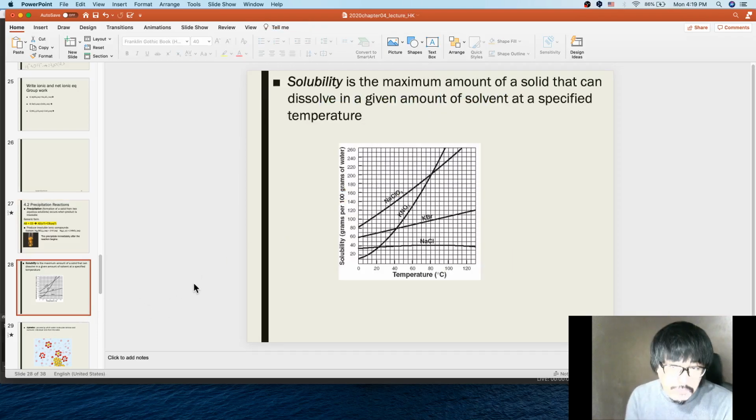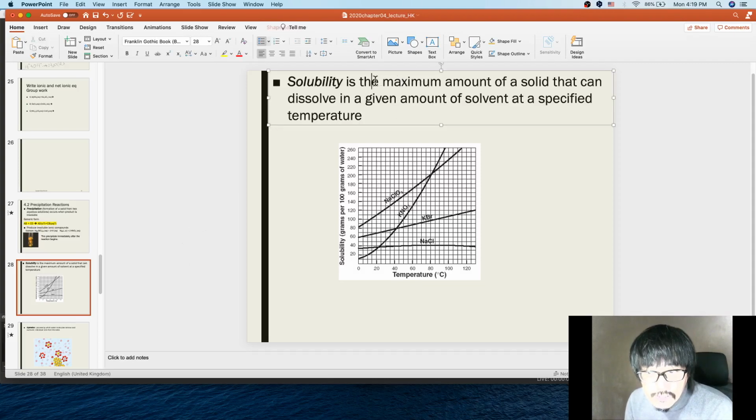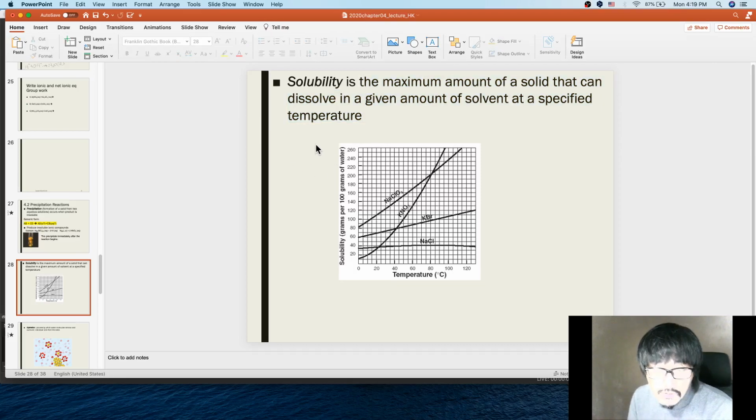The amount of the precipitation is called the solubility. The solubility is the maximum amount of solid that can be dissolved in a given amount of solvent at a specific temperature. I don't think we're going to deal with these things in General Chemistry 1 in any of the universities. That's a General Chemistry 2 topic.